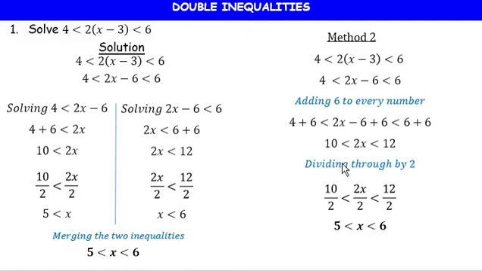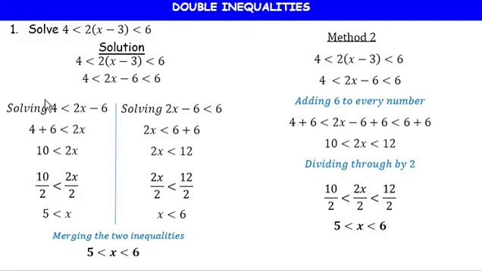So it's going to be 10 over 2 less than 2x over 2 less than 12 over 2, right? So in the end, 10 over 2 gives us 5, 12 over 2 gives us 6, 2x over 2 gives us x. So we're going to have x is greater than 5 but less than 6, just as we had here, right? So these are the two methods of solving double inequalities.